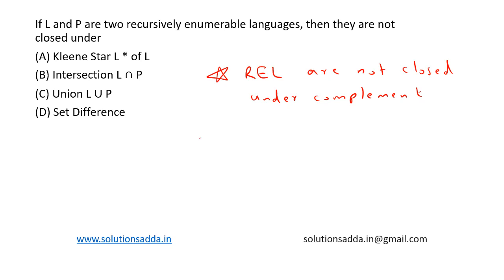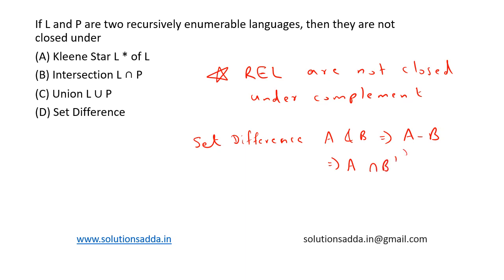Also, set difference between A and B, which is denoted as A minus B, is equal to A intersection B complement.